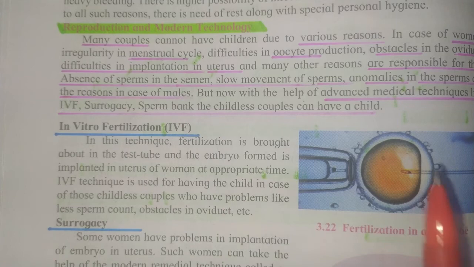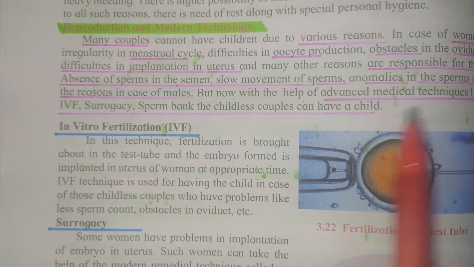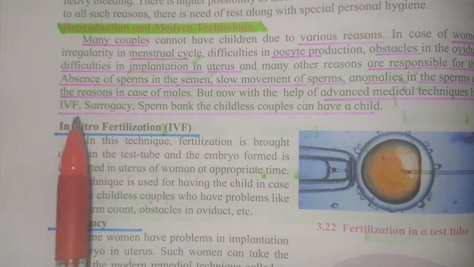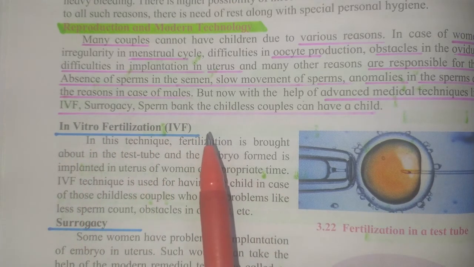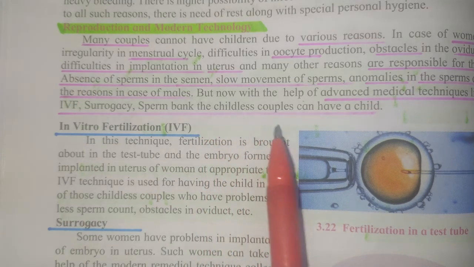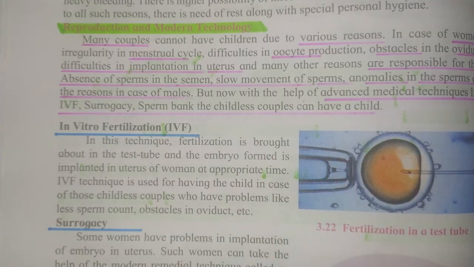But now, with the help of advanced medical techniques like IVF, surrogacy, sperm bank, the childless couples can have children because of all these modern technologies. Now let us start one by one these modern technologies.